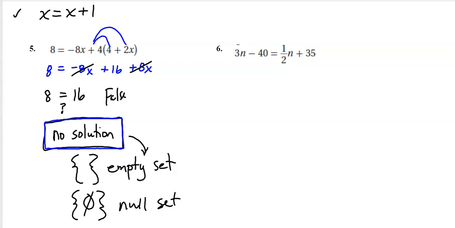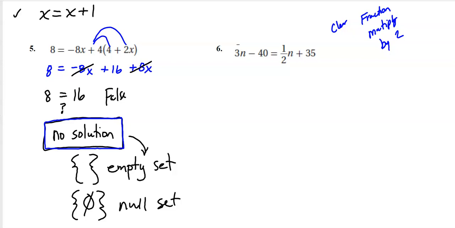Number 6, first thing that I notice is, hey, we have a fraction. So what am I going to do? I'm going to clear the fraction by multiplying by the denominator, by the 2. So I'm going to multiply that 2 through. I could do it now if I wanted to, and I wanted to multiply by less pieces.